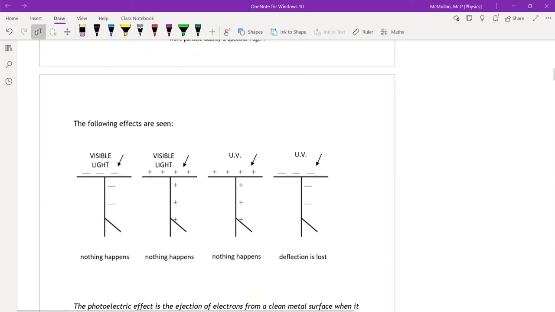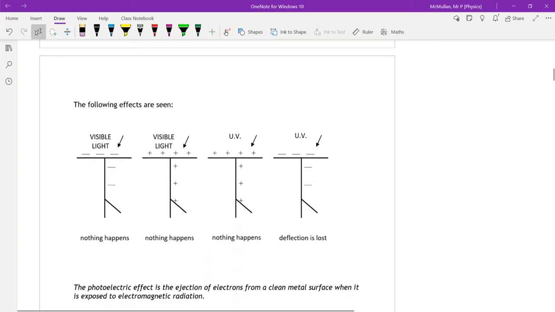What we should observe is that if we have visible light incoming to the metal plate when it's negatively charged, nothing happens. If we have visible light incoming to the plate when it's positively charged, nothing happens. If we have UV light when the plate is positively charged, nothing happens.